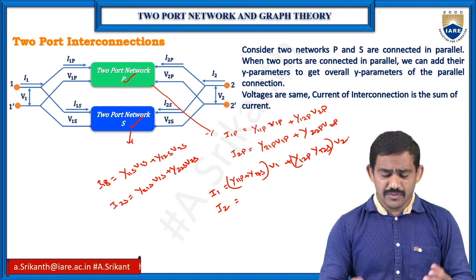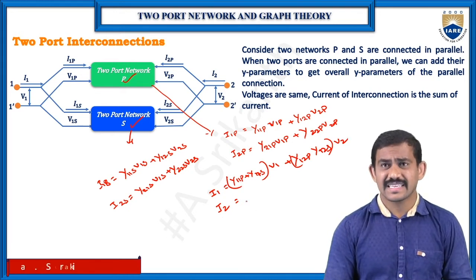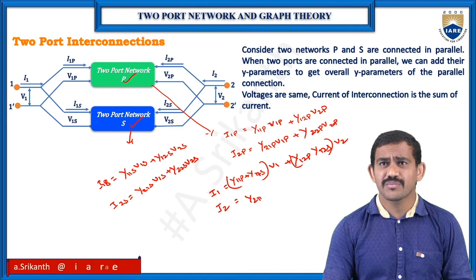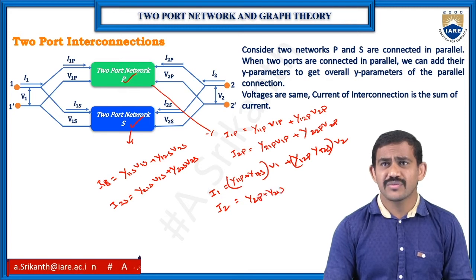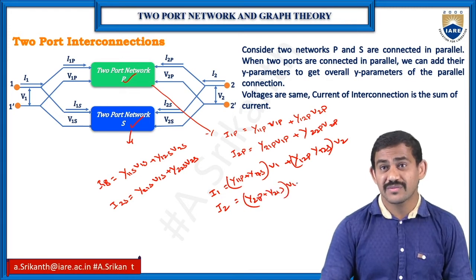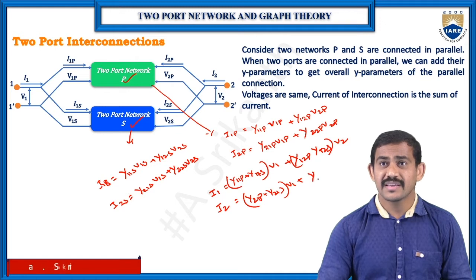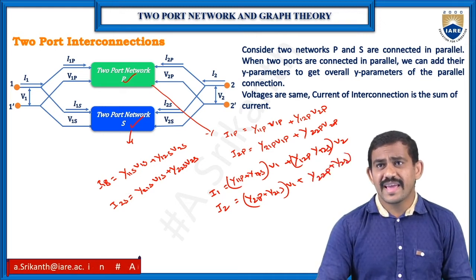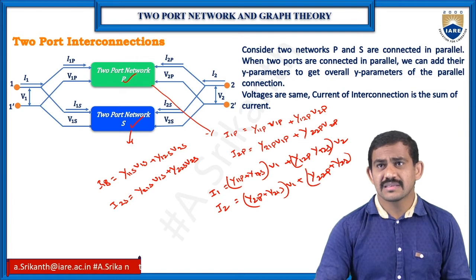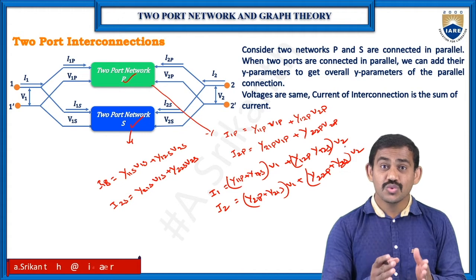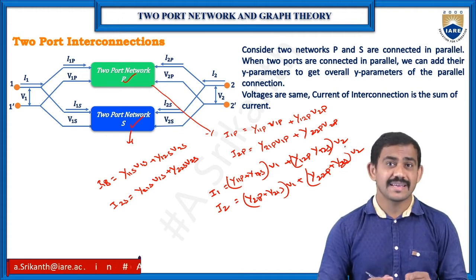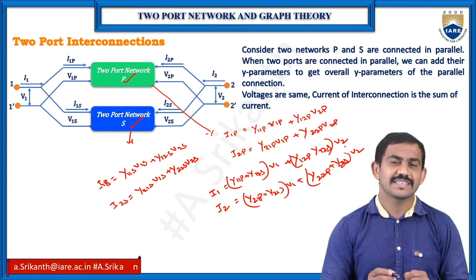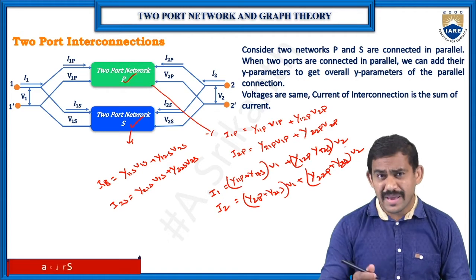Same thing for secondary current, I2 equals Y21 of P plus Y21 of S into your V1 value, as well as Y22 of P plus Y22 of S into your V2 value. So when two two-port networks are connected in parallel, then we need to go for the Y parameters.